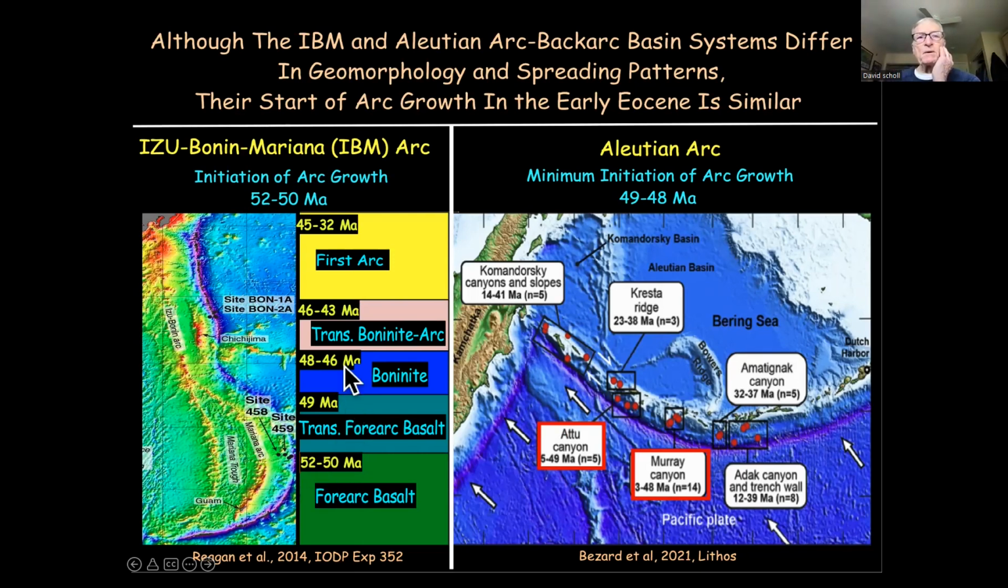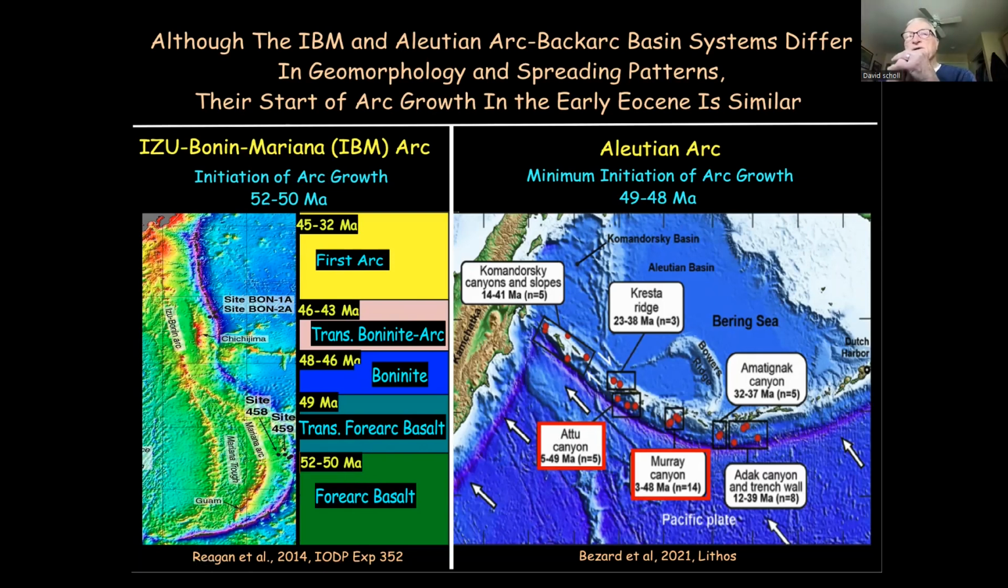Recently, Kaneoka and others at Gaomar did some dredging on the outer part of the Aleutian Ridge, getting into early basalts exposed in the canyons right along the forearc, of about 49 to 48. So 49 and 48 for the early initiation of arc volcanism for the Aleutians, and a little bit earlier for the Philippine Sea area.